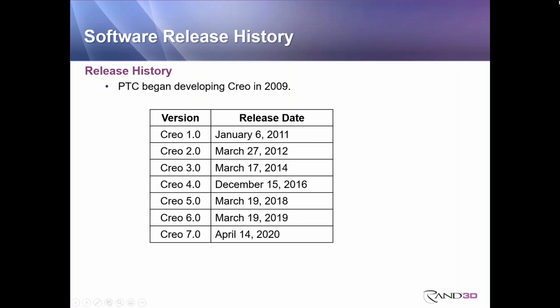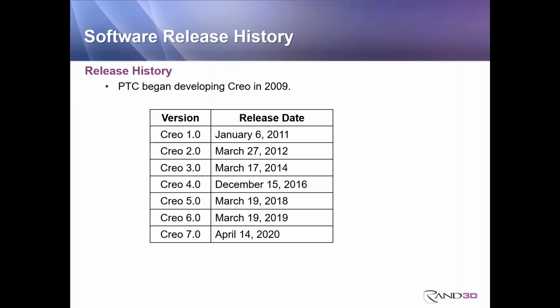It was in the Creo 4.0 version of the software where the datum feature symbol tool was launched, and we use that to allow us to work with the new standards.